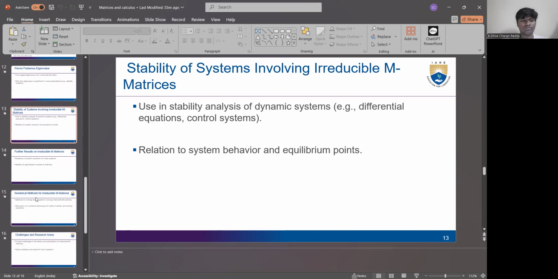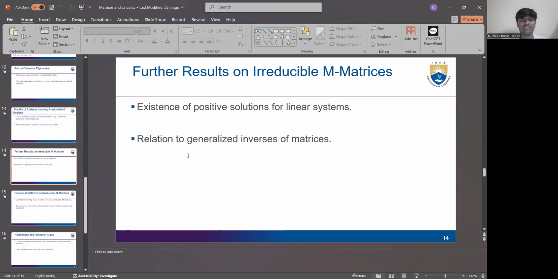Coming to further results on irreducible matrices, there is an existence of positive solutions for linear systems. It shows that when you solve linear systems using these matrices, you're mostly going to get positive solutions, and it also has a relation to generalized inverses of matrices.